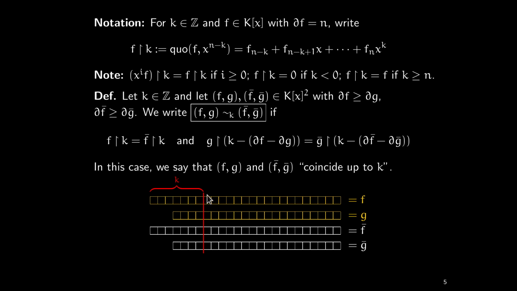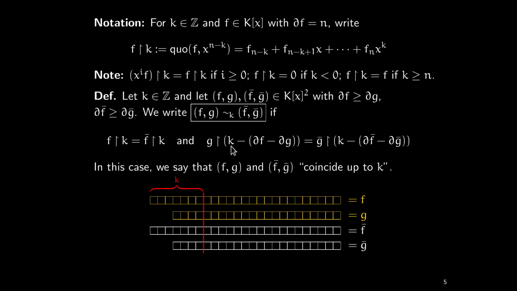So what I mean here is I take f and consider the first k coefficients, and from g I take not the first k coefficients, but the corresponding number of coefficients. That's k minus the degree difference.